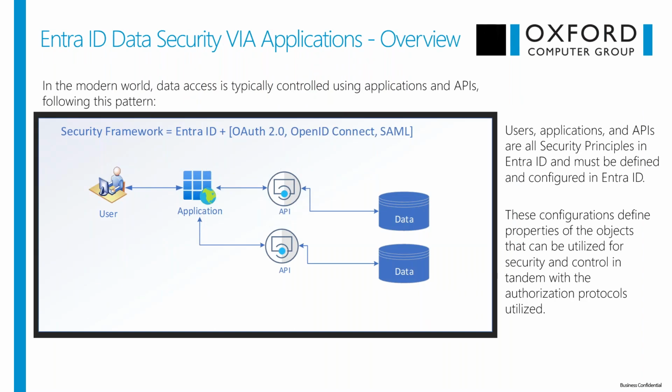And this is typical of all modern auth platforms. You have some type of API that you're trying to protect, and that API is trying to access some type of secure data. The protocols we use to do that are OAuth, OpenID Connect, or SAML.